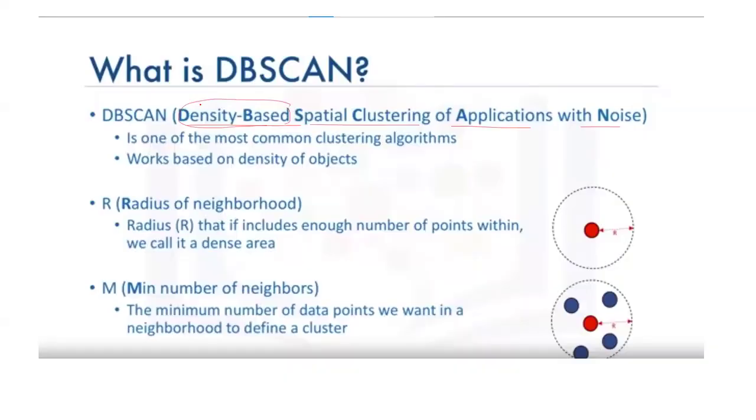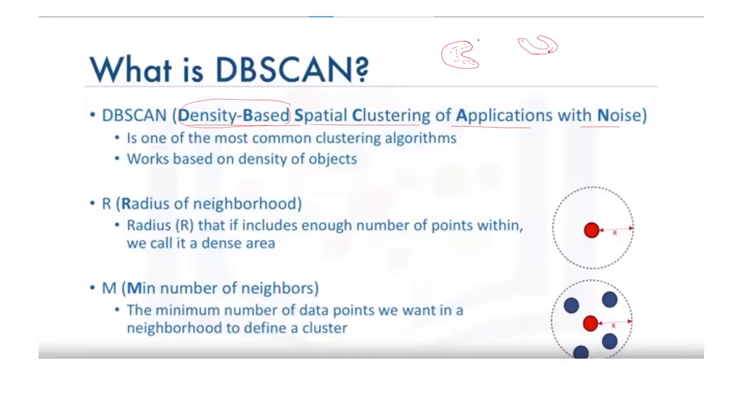It will not consider any shape of those clusters. It could be of any shape, and it will be able to identify it. So for example, if the observations are something like this, it will form a cluster like this. It can also form the cluster like this.